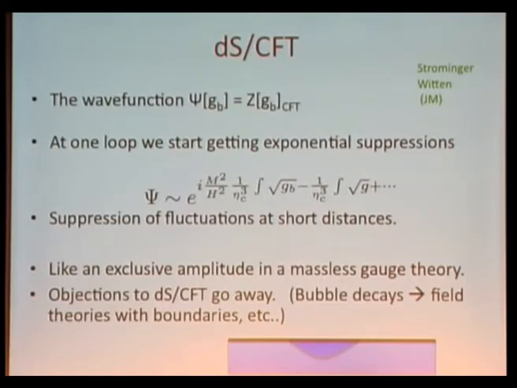Now, the fact that if we view a possible CFT as given by this formula, then we also remove some of the objections that were made about dS/CFT. So, for example, one of the objections is that the de Sitter space will always decay. And therefore, the structure of the metric in the future will not be that of de Sitter space, but will contain many bubbles with many other vacua, et cetera, et cetera.